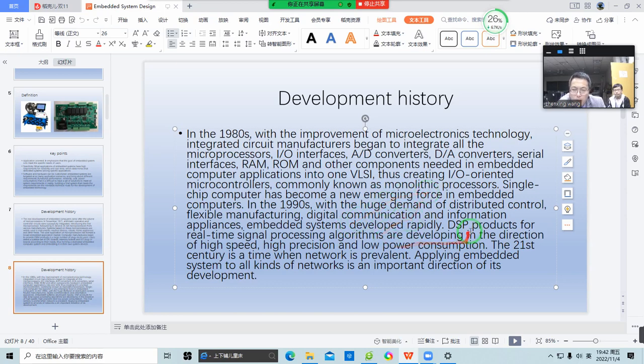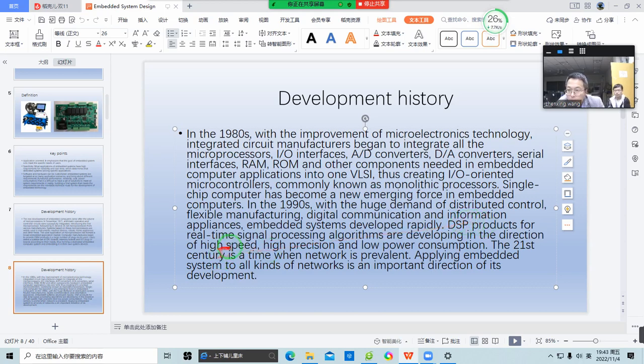And then DSP. What is DSP? DSP means digital signal processor. This kind of product is different from the single-chip microcomputer. DSP always processes signals, especially video, audio, and Fourier transform.